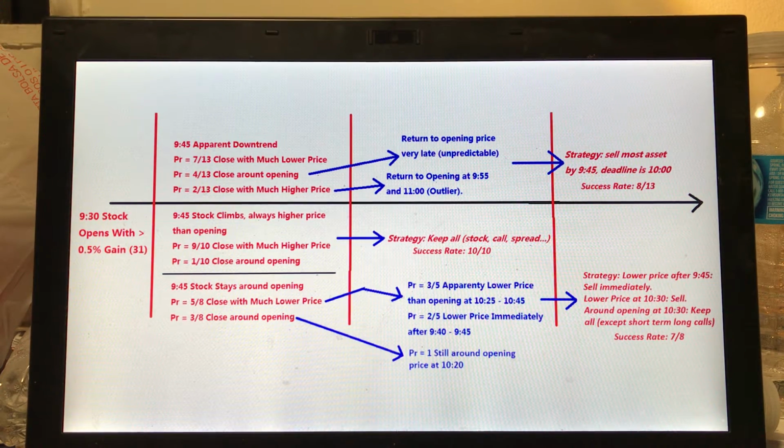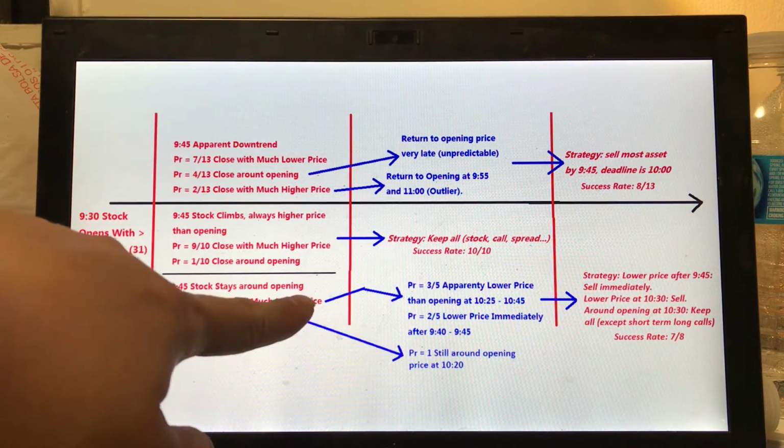And our third case is that the stock stays around opening until 9:45 a.m. Under this case, there is a 5 out of 8 probability that the stock closes at a much lower price, and a 3 out of 8 probability that the stock closes around opening.